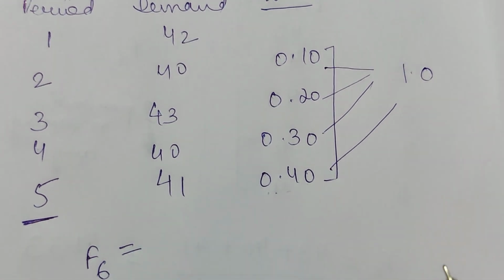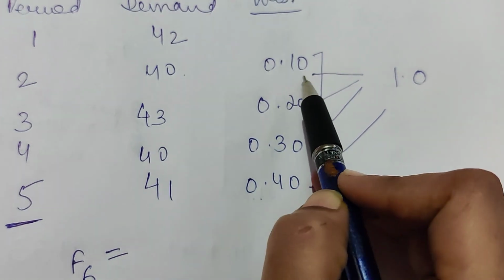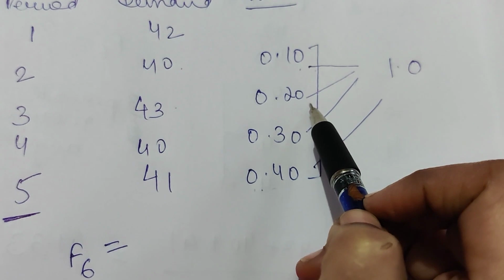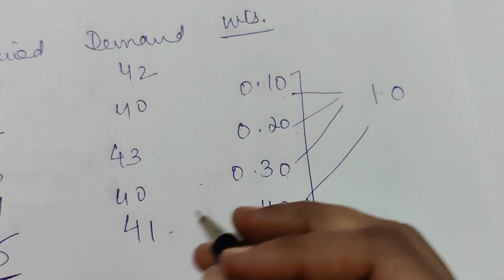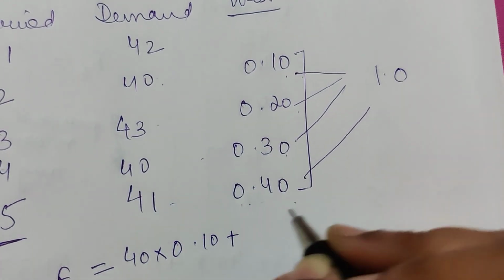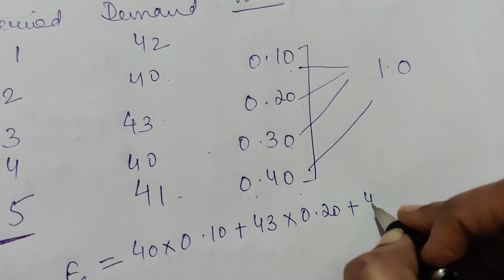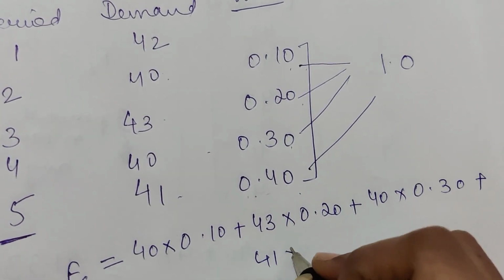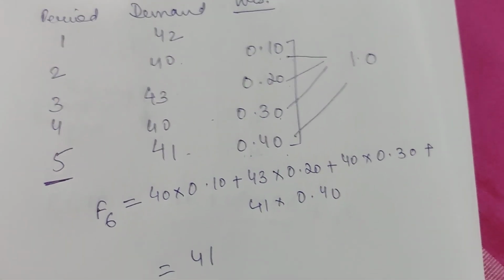Now the forecast value of the 6th period will be equal to multiplying the demand with the weight: 40 into 0.10 plus 43 into 0.20 plus 40 into 0.30 plus 41 into 0.40, which gives me the value of 41.